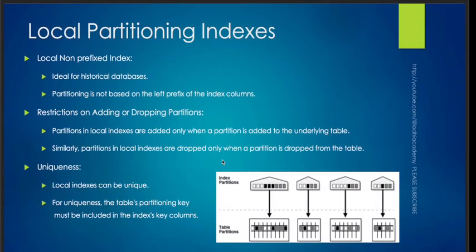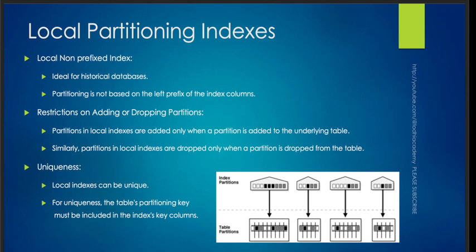Local partitioned indexes. A type of index called a local non-prefixed index is very useful for historical databases. In this type of index, the partitioning is not on the left prefix of the index columns. You cannot explicitly add a partition to a local index.